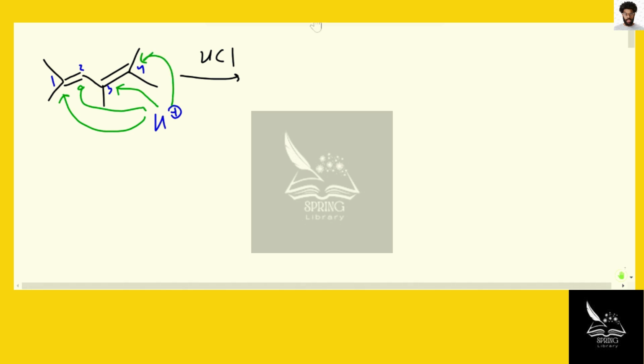If hydrogen attacks the first carbon, then we form the following product. So we form a secondary carbocation, which has one resonant form.